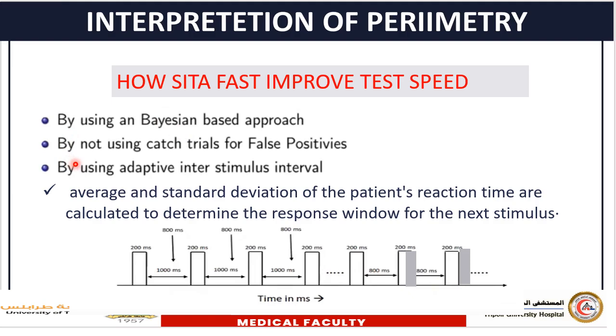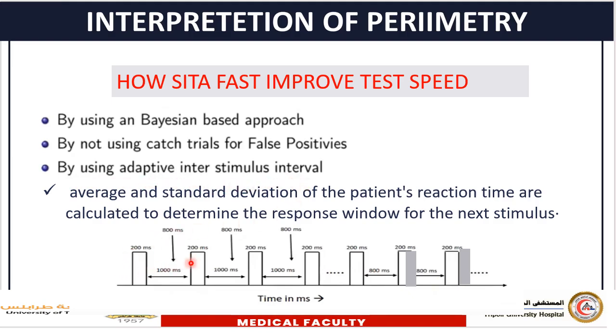Another important point is that the CETA standard eliminates the false positive catch trials. Now, what's the meaning of false positive catch trials? I will explain this in this graph. And let's see the third point. Why the CETA standard is short in time is by using adaptive interstimulus interval.